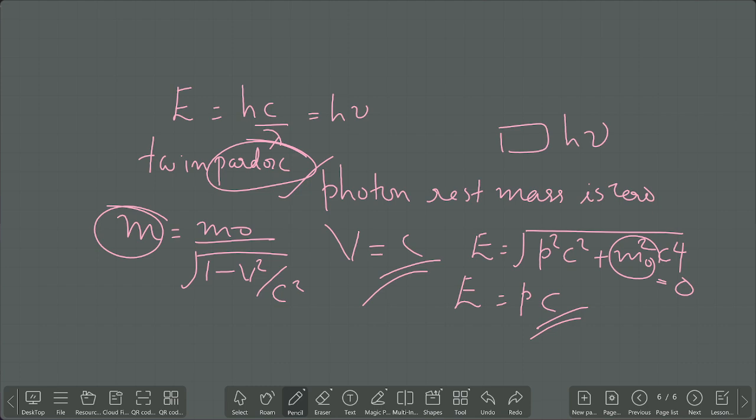This equation is not in the material; if you want, you can write it. Energy will be p into c. Now what is p? If we consider the photon, p is mv, m into c, since v is another c, so c into c, mc square. This is the energy of the photon.